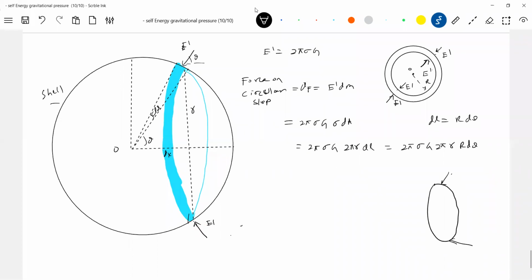This will be E dash, and this is the circular strip. What will happen to the X component? What will happen to the Y component of the force? They will cancel out, no? Only the X component will get added up, no? So when I write dF, what should it be? E dash cos theta or E dash dm. I intentionally left it so that you should think here, because if I write it, you feel some mathematics has come. How will the field be acting radially?